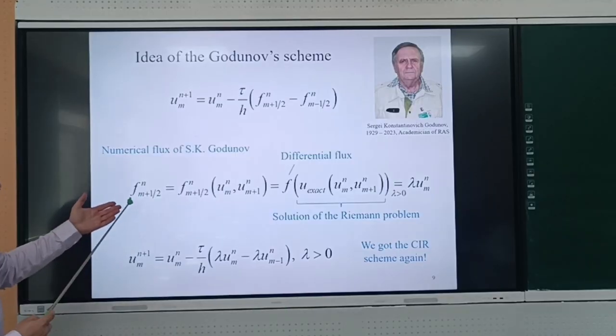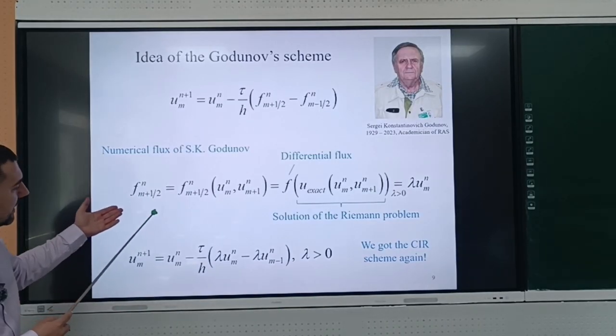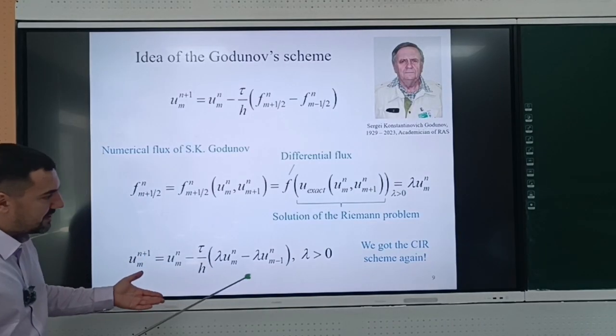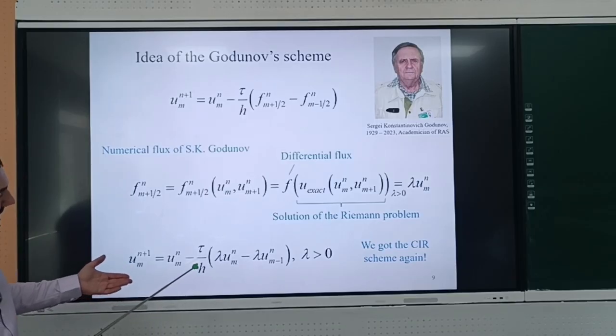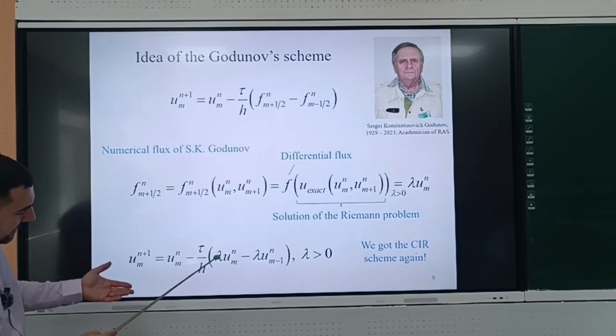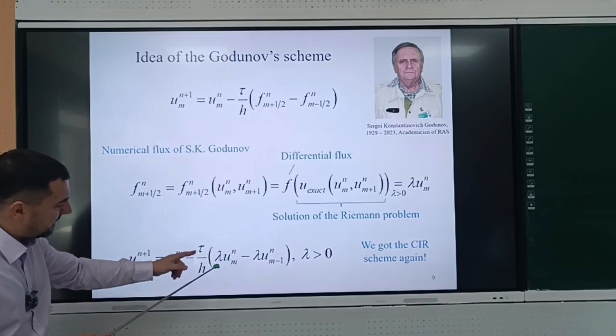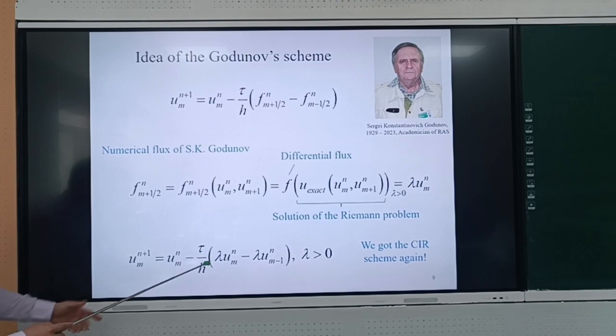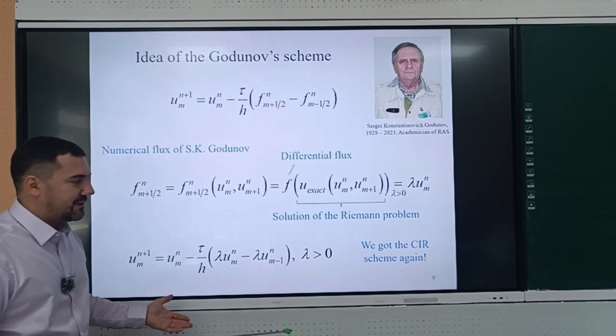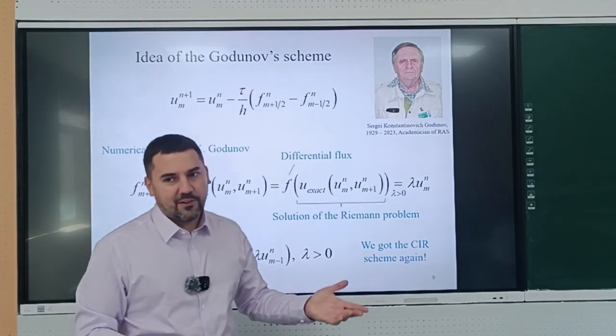Surprisingly, if we compute F_{m-1/2} in the same manner, we will again get the Courant-Isaacson-Rees numerical scheme. This is F_{m+1/2}, this is F_{m-1/2}. We can move lambda outside the parentheses, and once again we get the Courant-Isaacson-Rees scheme, just because this is a linear advection equation.